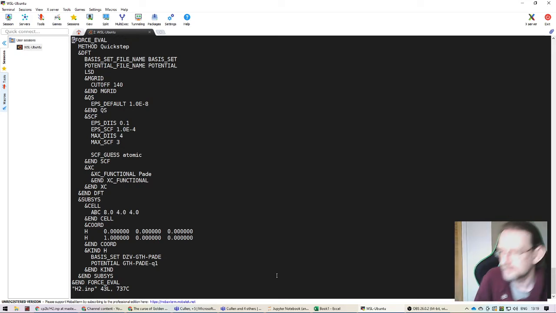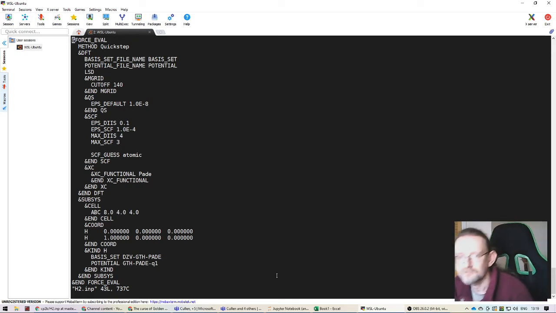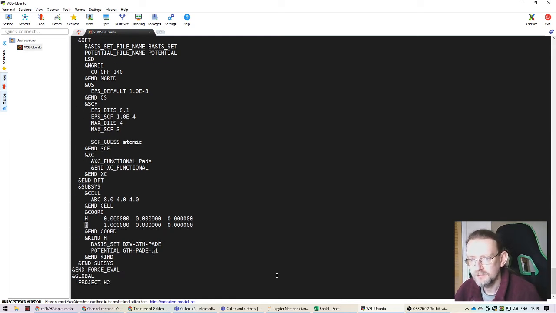Right. Apologies for that. So now I've got a new CP2K input file, but this one is for a hydrogen molecule. You can see that it's got 2 hydrogen atoms and they're separated by 1 angstrom, which is roundabout the equilibrium distance for 2 hydrogen atoms.